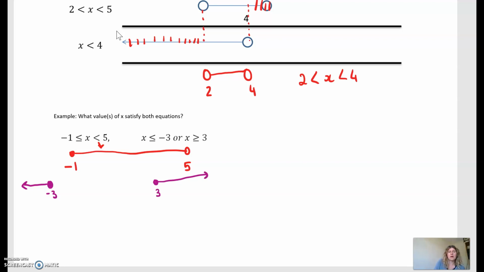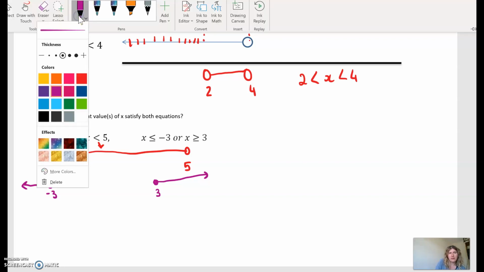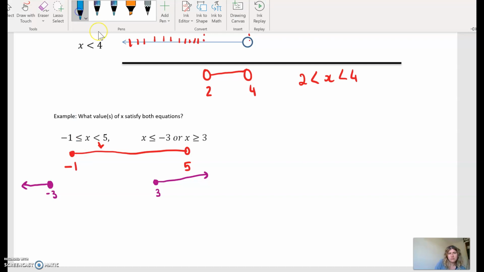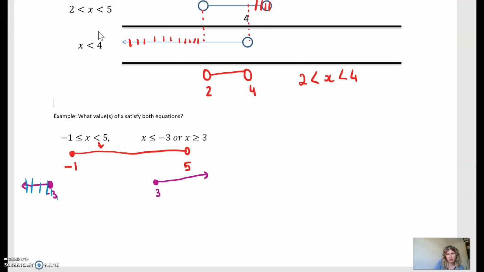Now, again, the next thing is we've got to look at where these overlap. Where are our overlapping regions? Well, we can see that -3 doesn't overlap at all. This doesn't overlap until you get up to this bit where you've got +3 here, and then we've got this overlapping region up until 5. 3 is included in both, so we can use a closed circle for 3.